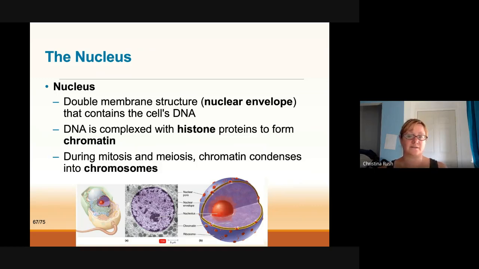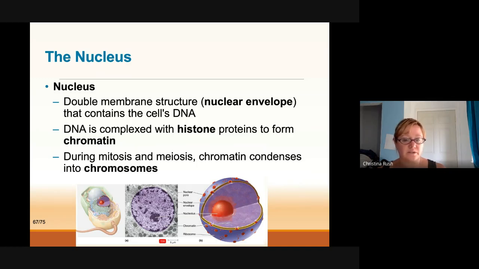The nucleus. The nucleus is the brain of the eukaryotic cell. The double membrane structure is known as the nuclear envelope, and it contains the cell's DNA. The DNA of a eukaryote is complexed with histone proteins to form chromatin.